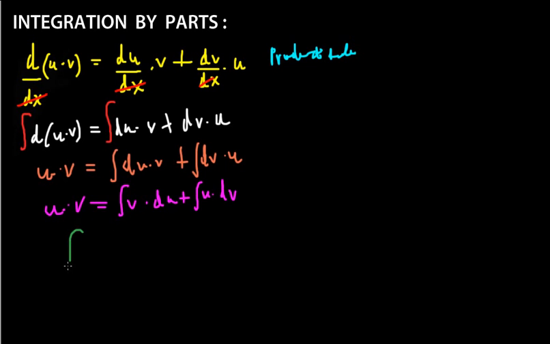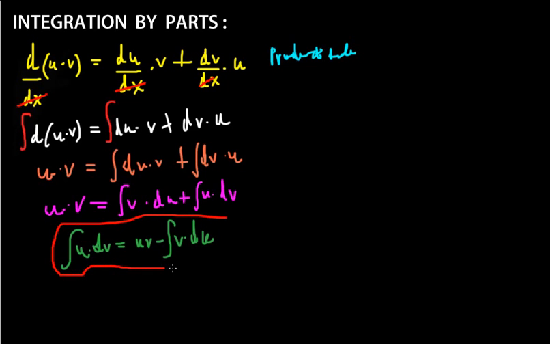So we get that the integral of u dv is uv minus the integral of v du. That's pretty much it. This is the integration by parts formula. I don't want you to remember this because it's just kind of an offshoot of the product rule, so you can derive it anytime.